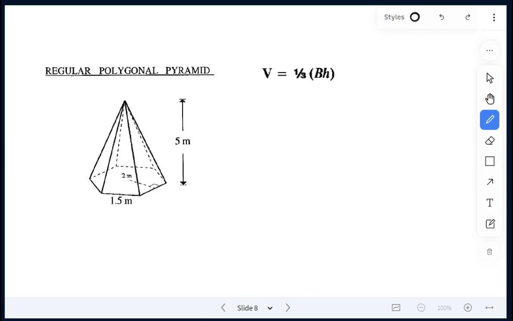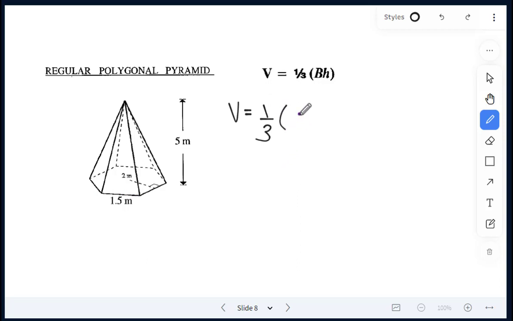Next, we are looking at a regular polygonal pyramid. Formula is still the same. Area of the base, this is a regular polygon, 1, 2, 3, 4, 5, 6, six-sided. So it is a hexagon.